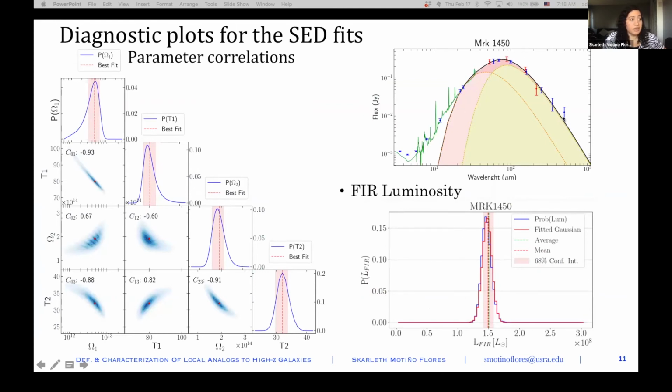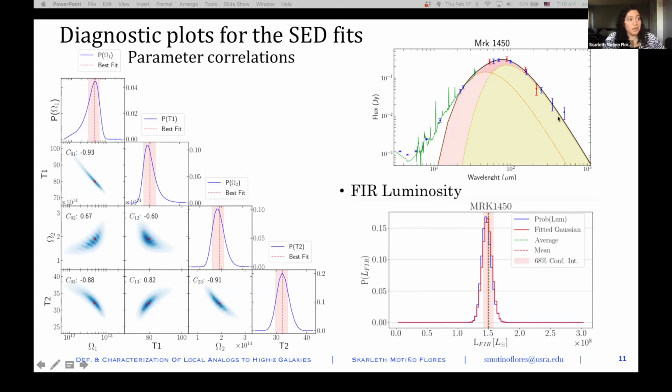You can see in this case that the peak of the emission is in the far infrared. What you see here in green is actually the Brown et al. 2014 spectra data, which is near infrared and mid infrared. What we find is that the interaction between the Brown data and our models fit very well.